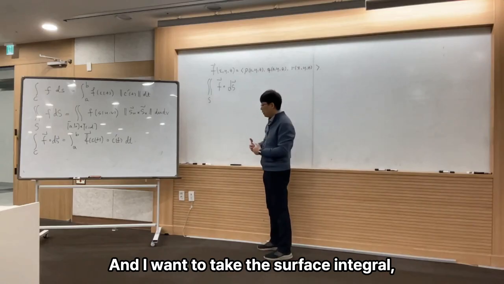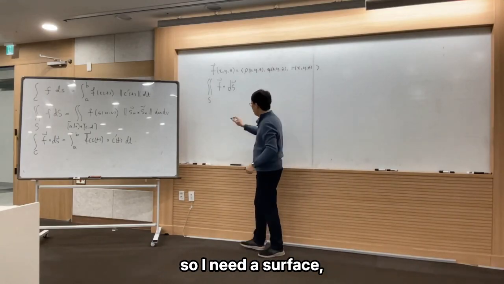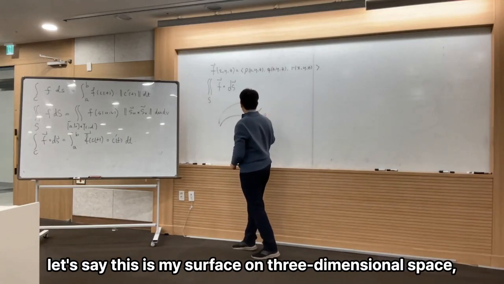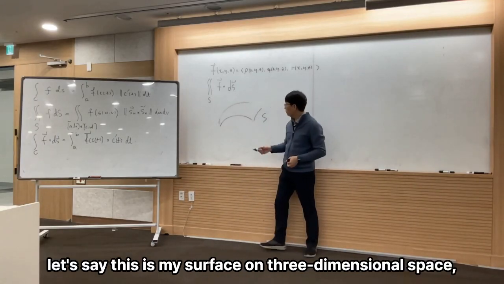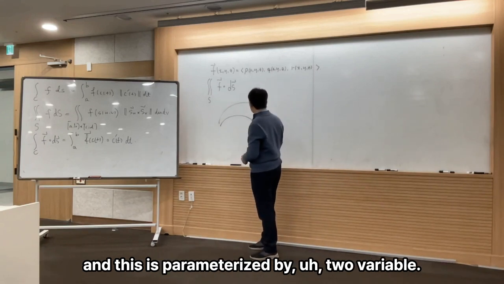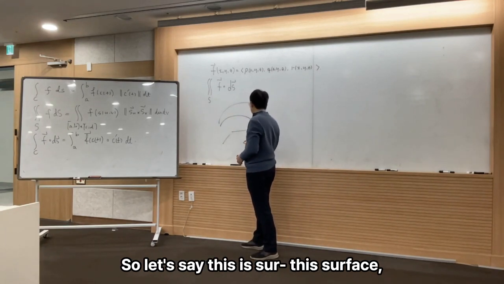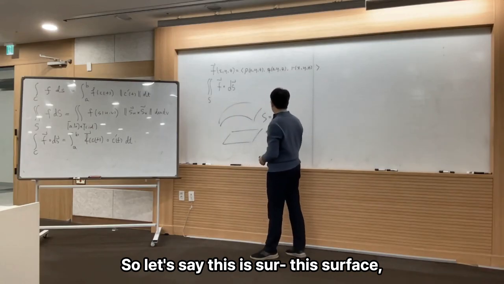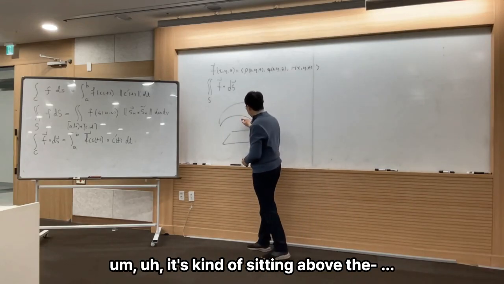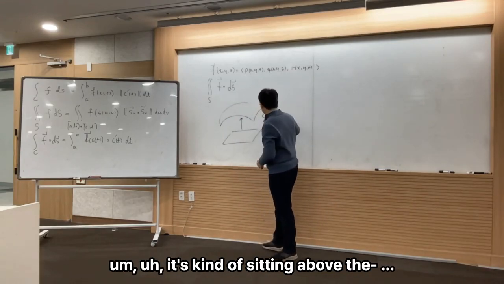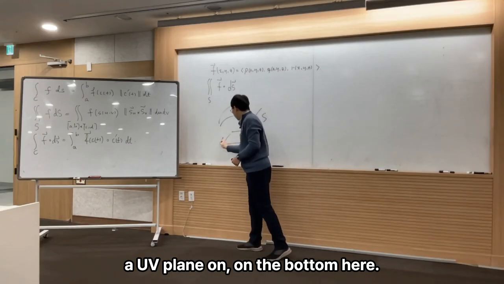And I want to take the surface integral, so I need a surface. Let's say this is my surface in three-dimensional space, and this is parameterized by two variables. So let's say this surface is kind of sitting above the UV plane on the bottom here.